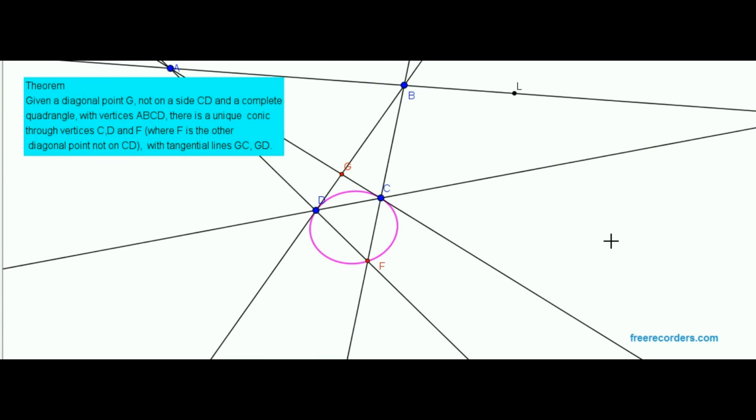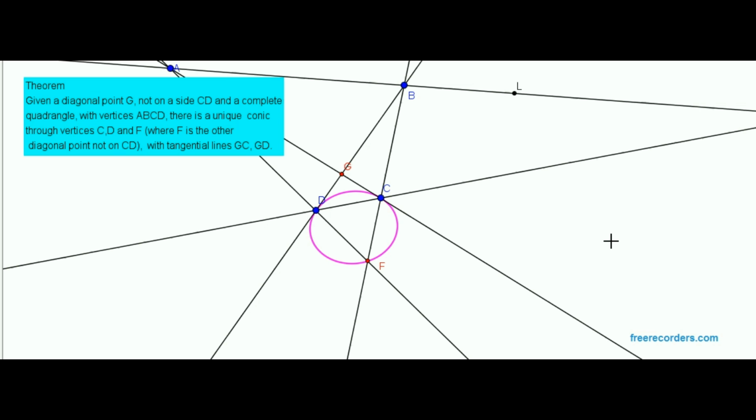Okay then, so to prove the uniqueness, we're going to use a result from Coxeter's book, Projective Geometry, the second edition. So he's got theorem 8.41. A conic is determined when 3 points on it and the tangents at two of them are given.